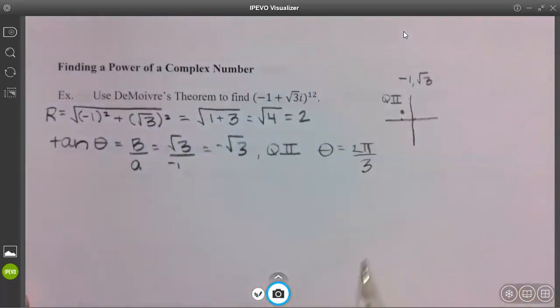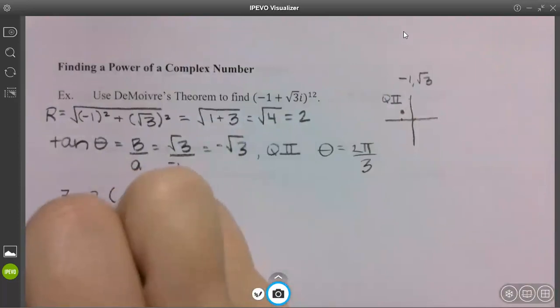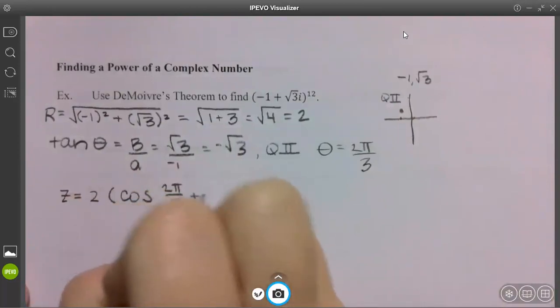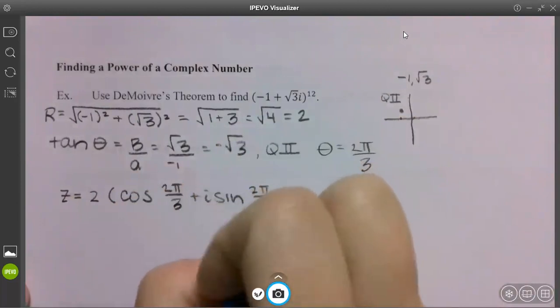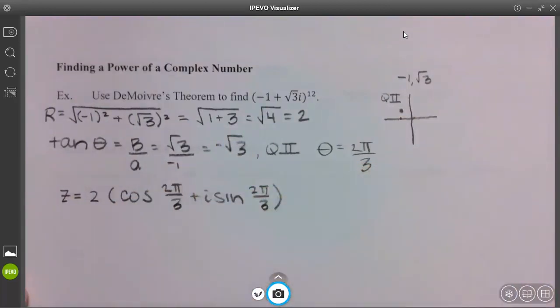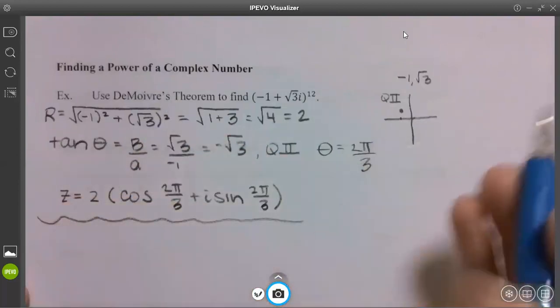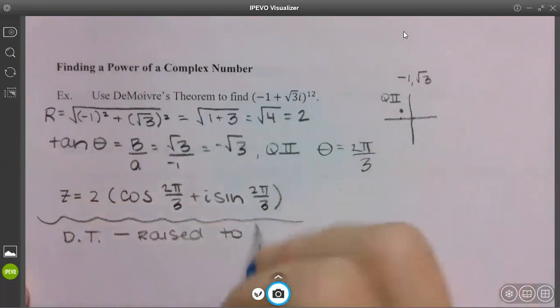We're going to write it in trig form. So z is going to equal r is 2 times cosine theta plus i sine theta. And then by the theorem, we're raised to the 12th power.